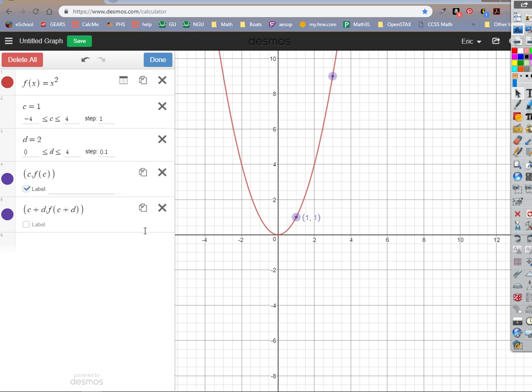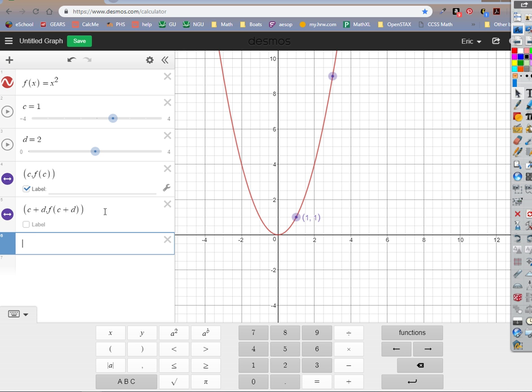Okay, and so let's go ahead and connect those points. Let's create the equation of that line. So the equation of the secant line then is just going to be y minus f of c.